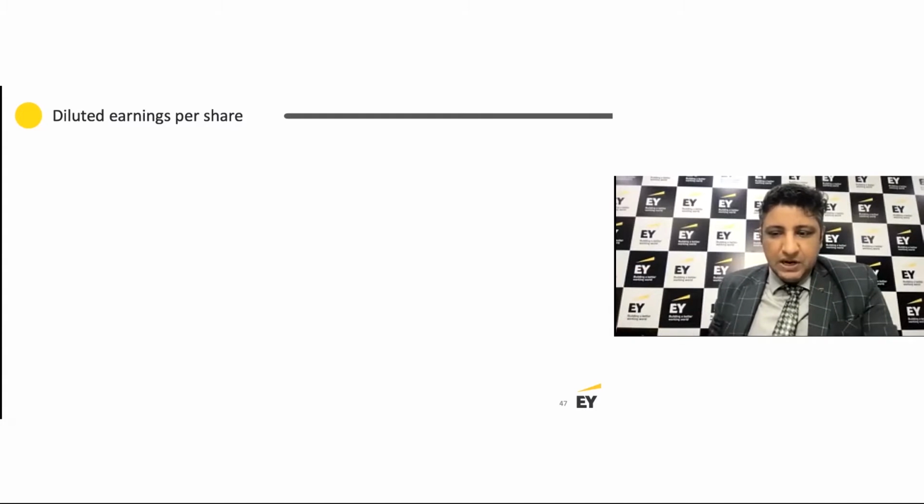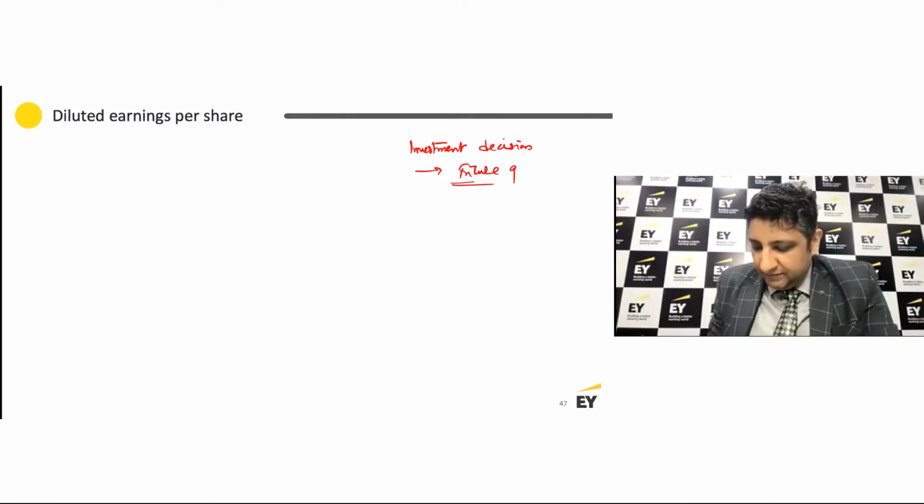Essentially, what we want to now talk about is something which is not about the current EPS or a basic EPS, but something about the future EPS. We all understand that any shareholder or any investor would want to take an investment decision taking into mind the future growth of that investment.